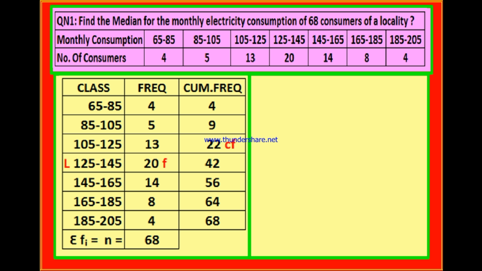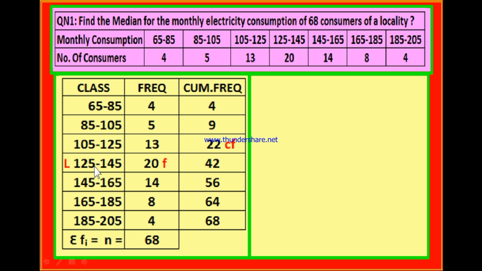Now, how to get the median class? You verify the cumulative frequency column. In the cumulative frequency column, you pick up the class which is just more than n by 2. Here n value is 68, n by 2 is 34. Therefore, the cumulative frequency just more than 34 is this. Therefore, this class is called the median class.